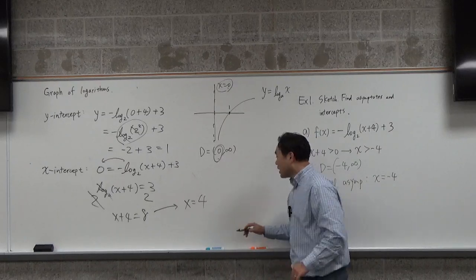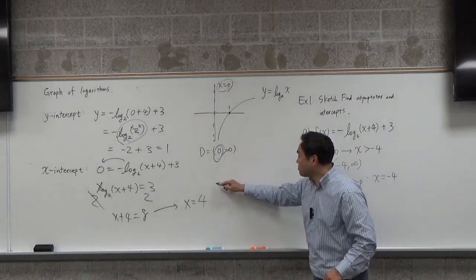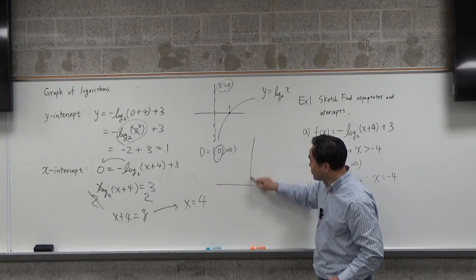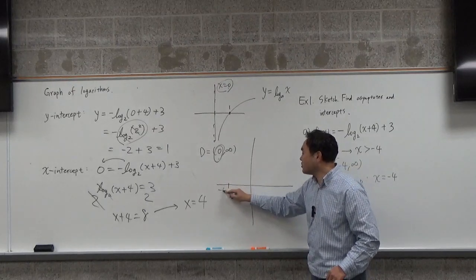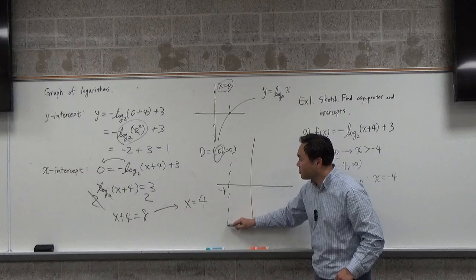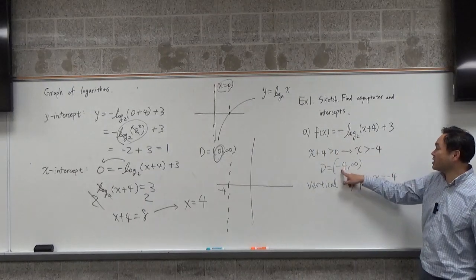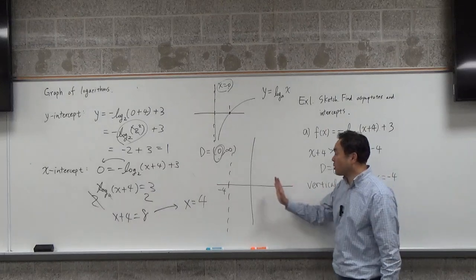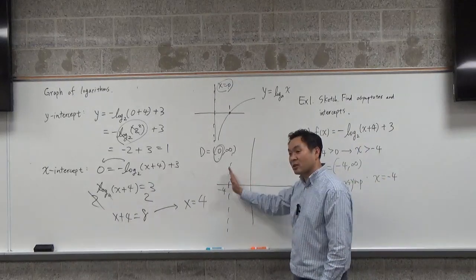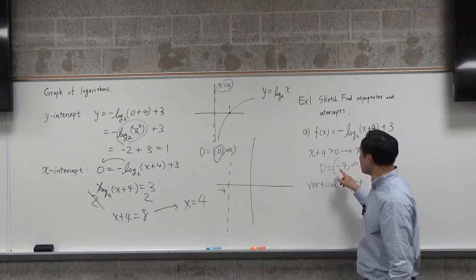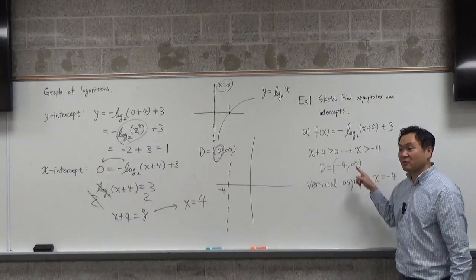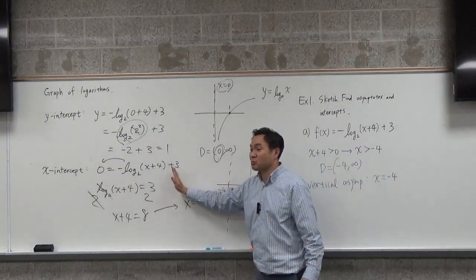Okay, so now we found out quite a lot about this function. We know that at -4, this function will have a vertical asymptote. And because the domain is -4 to infinity, we know that the graph should reside on the right side of -4. If the domain was from -infinity to -4, then we would know that the graph should be on the left side.